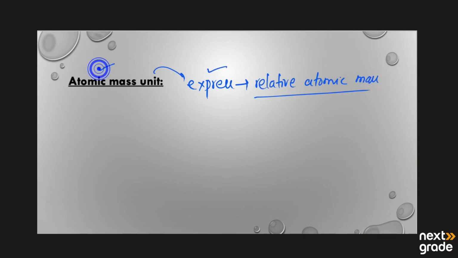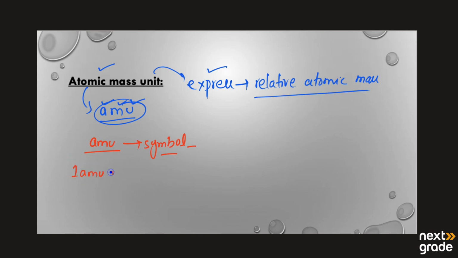The unit that is used to express the relative atomic mass is known as the atomic mass unit, and it is represented as AMU, which stands for atomic mass unit. AMU is its symbol.